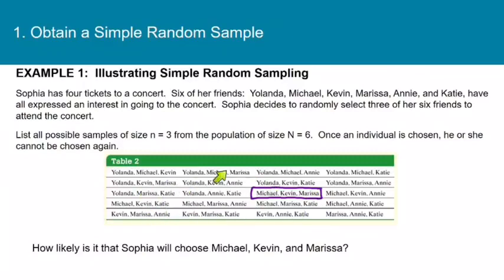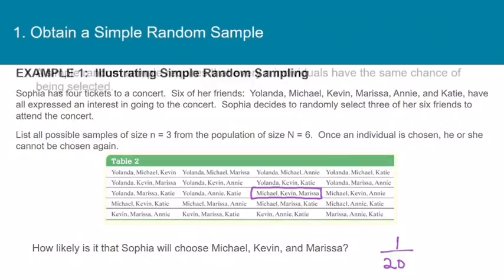And since there are 20 different combinations here, and only one of those contains Michael, Kevin, and Marissa, the likelihood of choosing Michael, Kevin, and Marissa is 1 out of 20. And notice that that would be the same for any combination that we cared to try it on. Every combination of 3 people has a 1 in 20 chance of being the group that goes to the concert.